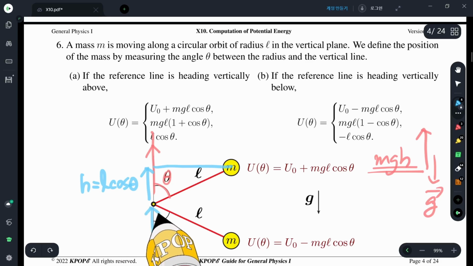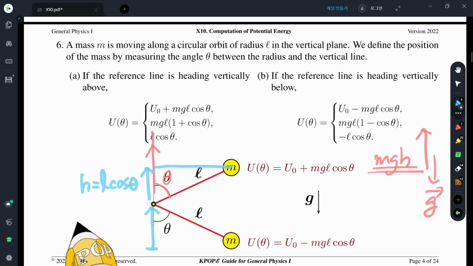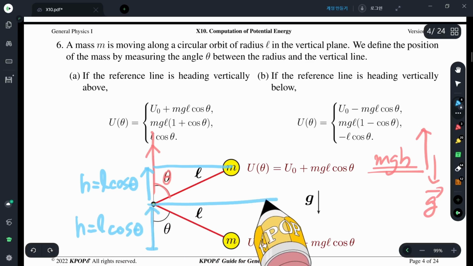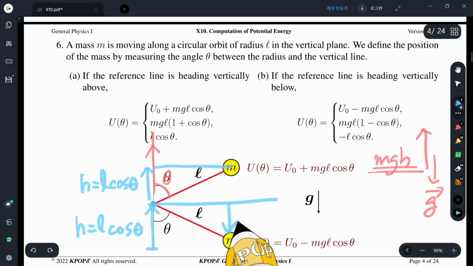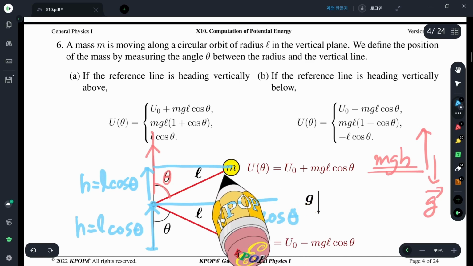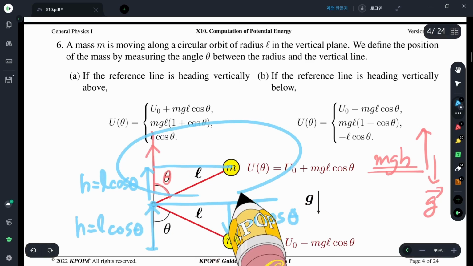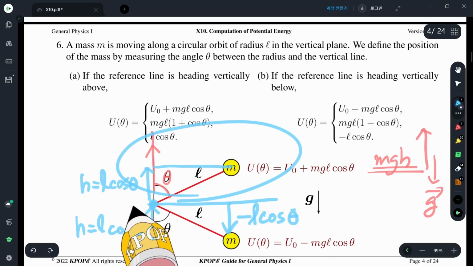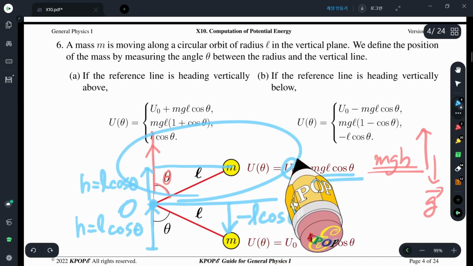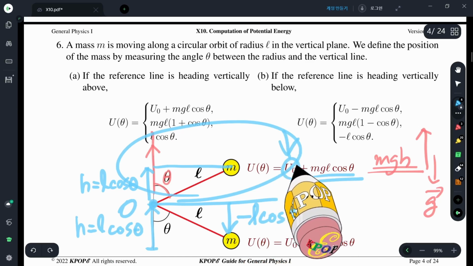Here, this is the opposite direction. So h equals L, still L cosine theta. However, it is down in comparison with a reference point going down. So it is a minus L cosine theta. So if we write in this way, the potential energy relative to this origin is mgl cosine theta, and you can always erase u0.